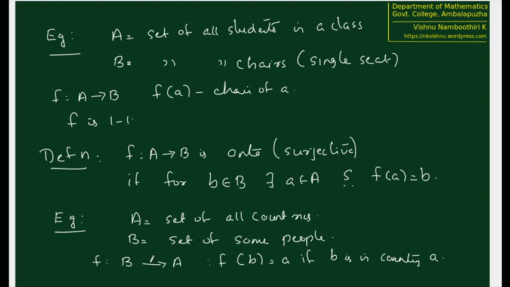Is this an onto function? See, we have taken A to be the set of all countries and B to be the set of some people. So it can happen that we are choosing some country on the right side. Say, suppose that we are choosing New Zealand, and it can happen that there is nobody from New Zealand in the set B. Therefore, this function is not an onto function.